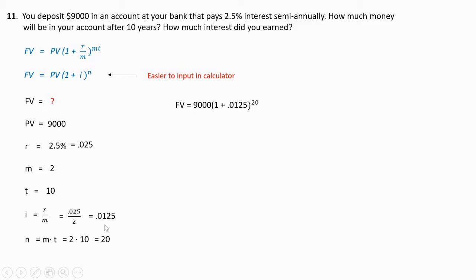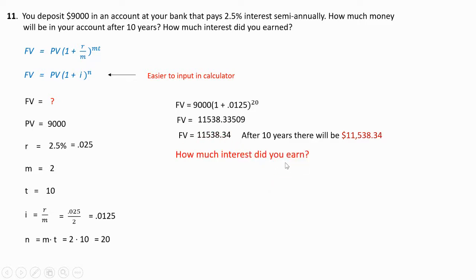My I was 0.0125, and my N is 20. So plug into the calculator, guys, so that's my result. You have to round that off to the nearest penny, which would be 11,538 and 34 cents. So $11,538.34 will be in the account after 10 years.